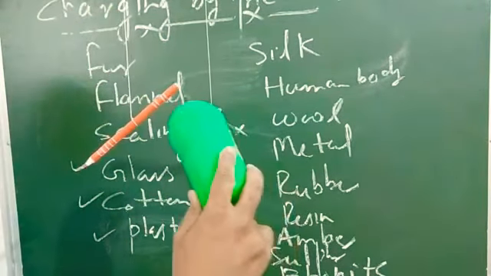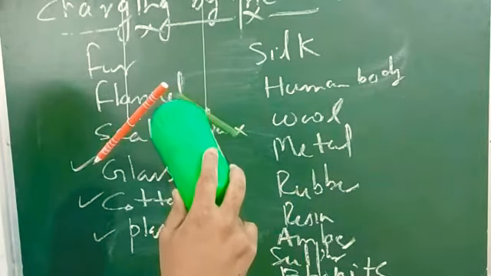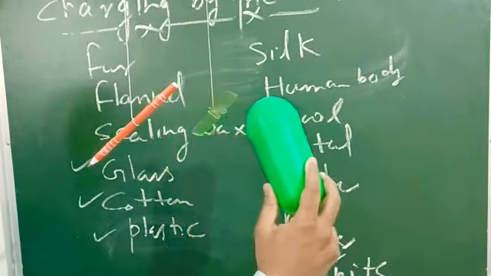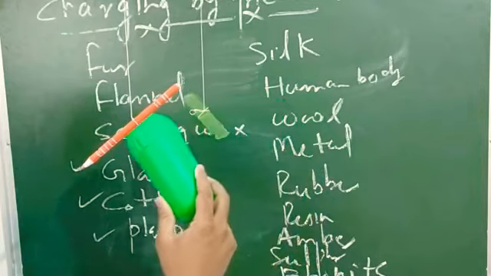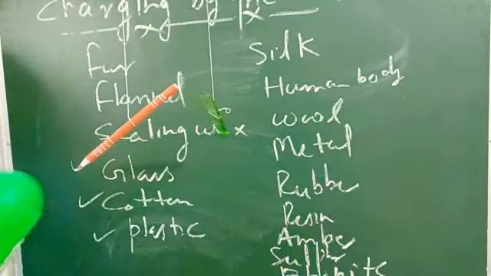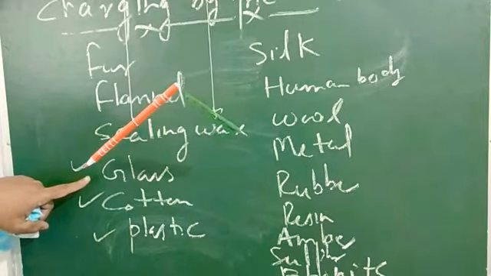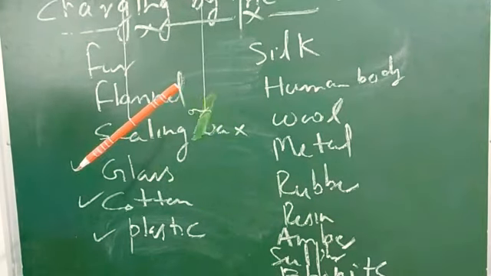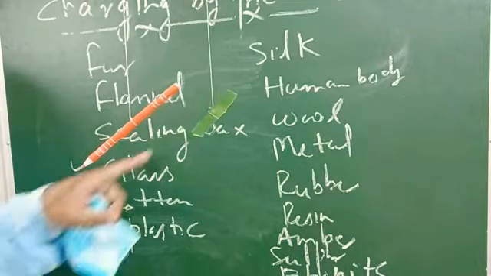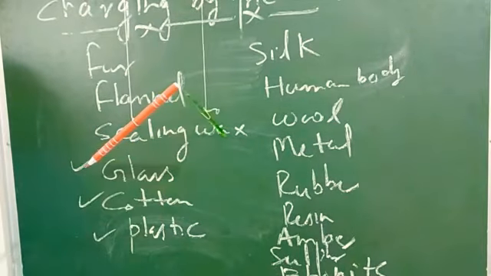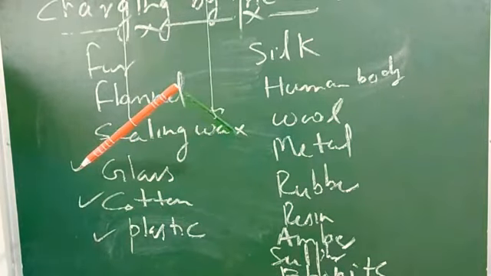If we place it here, it will start rotating the other way. It means there is a force of attraction between glass and plastic, and according to the triboelectric series, the glass is positively charged and this plastic is negatively charged.